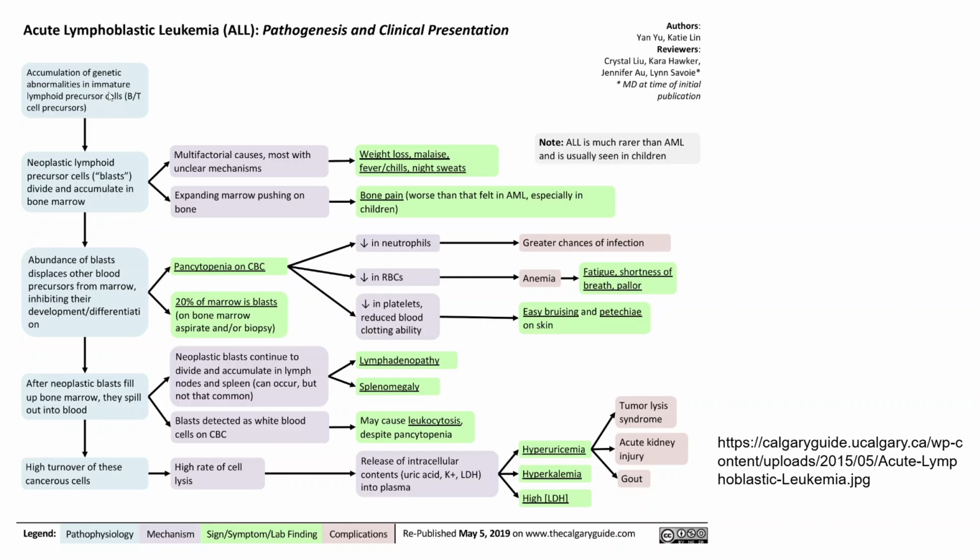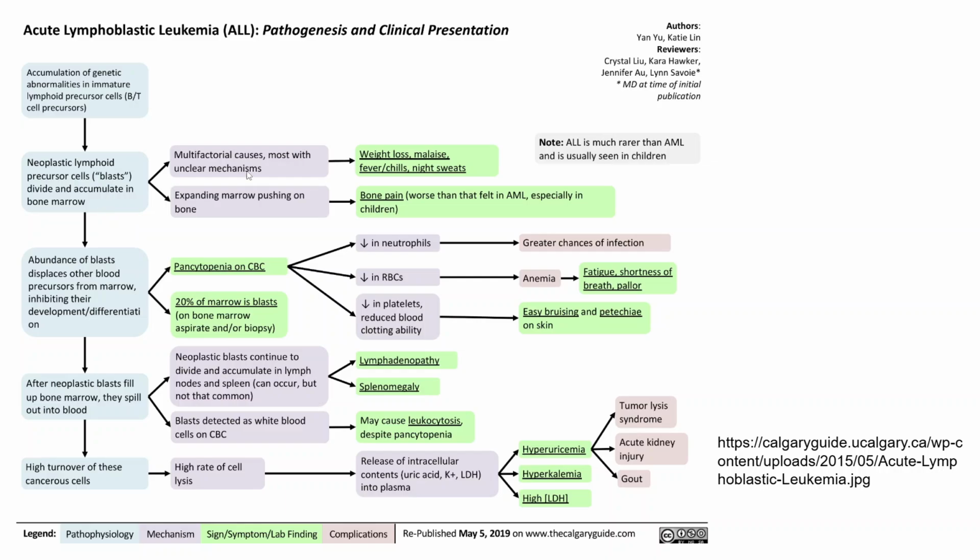Initially, at one stage there will be only chromosomal changes, but no clinical evidence, and even when you see the blood picture, there may not be any abnormality in the initial stages. But as it accumulates, the lymphoid precursor cells, the blast cells, come into the circulation, and they initially get accumulated in the bone marrow.